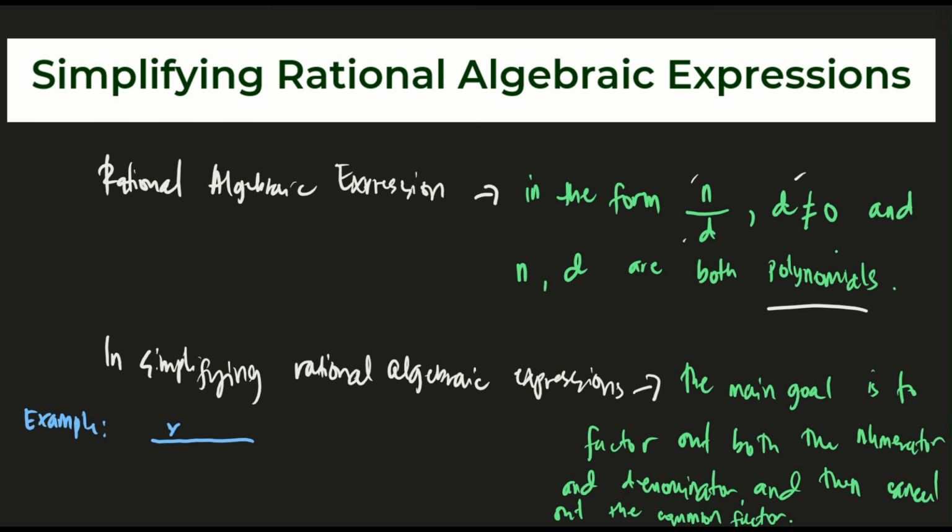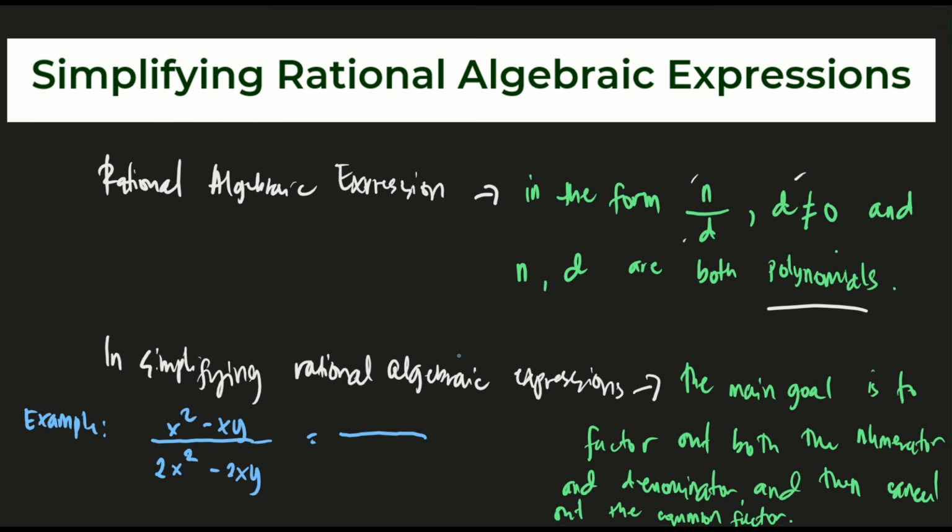our numerator is x squared minus xy, and for our denominator we have 2x squared minus 2xy. Okay? Now, to completely simplify this rational algebraic expression, the main goal is to factor out the numerator and then the denominator completely. Okay? And then you cancel out the common factor. Now, we have to factor out the numerator.